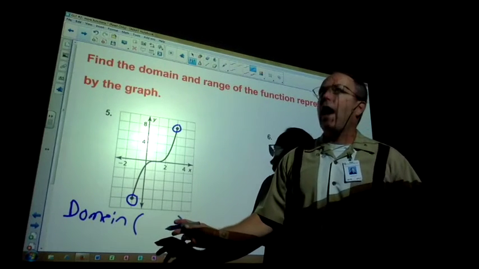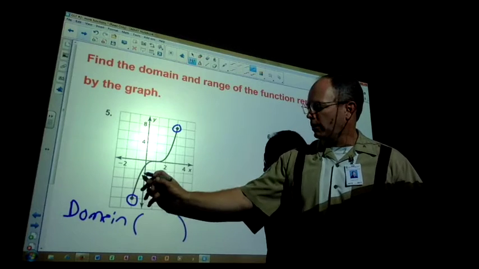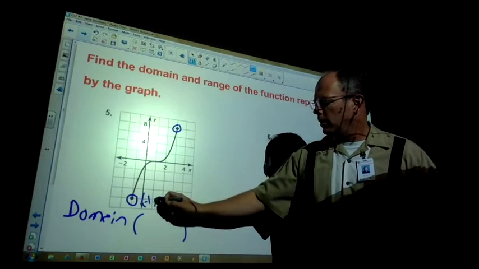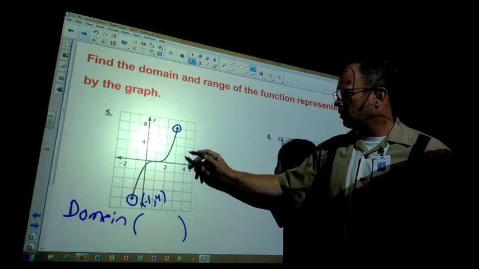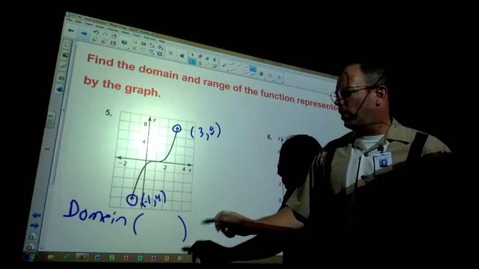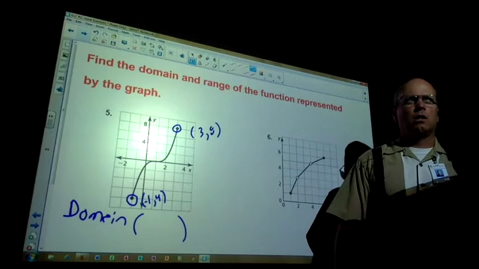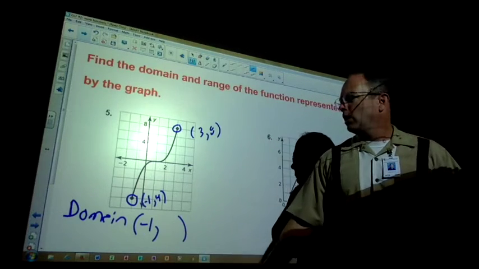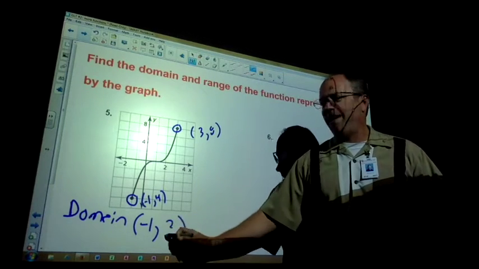Look at the x values. So what point is that? That's negative 1, 4. Where does it end? 3, 8. Is that right? Okay, where does it start with the x? Negative 1. Where does it get to? No, 3. It gets to 3.